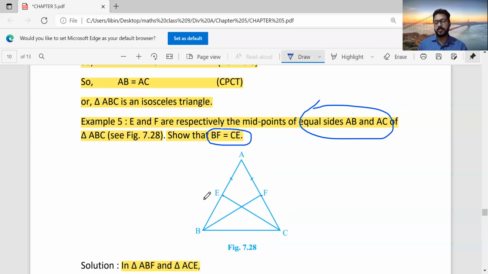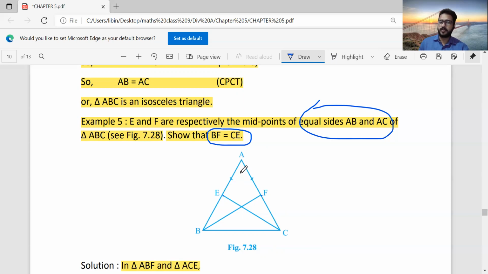Do you know why we have chosen this? Because first of all, we have both the sides BF and CE in these two triangles, and next, we can easily prove that these two triangles are congruent. That is the reason behind considering these two triangles.